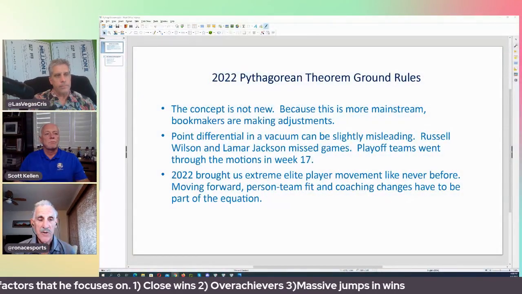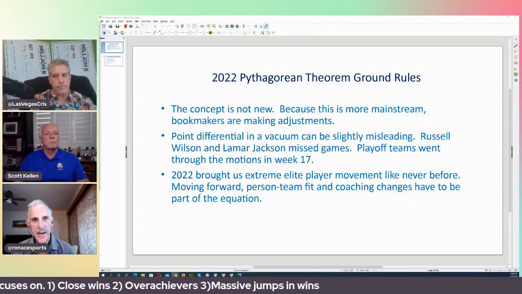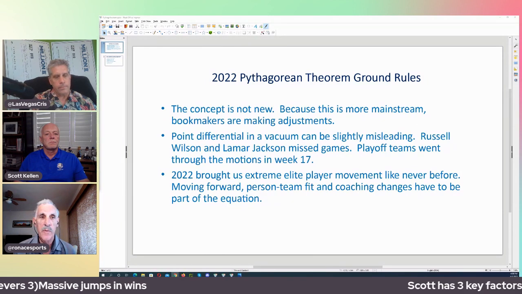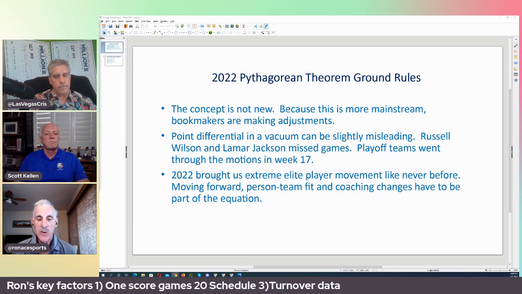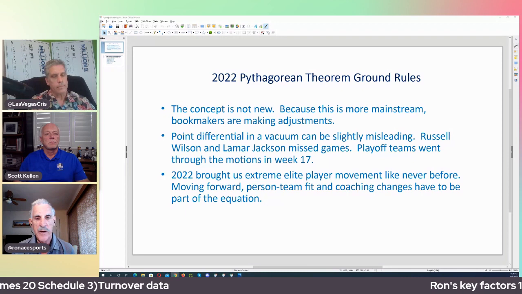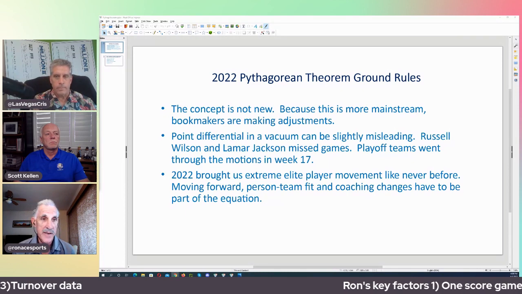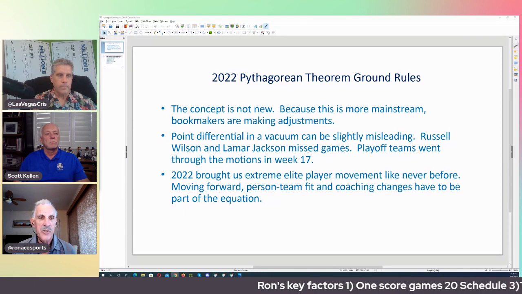Ron, what about you? Very much the same starting point. And then I go and I look at turnovers. I look at turnovers in terms of random turnovers, fumbles versus interceptions, which are more repeatable from year to year, depending on quarterback stability. I'm looking at schedule, and that's very important to me as well. Did they play a first place schedule? Did they play a fourth place schedule? We're looking at injuries.